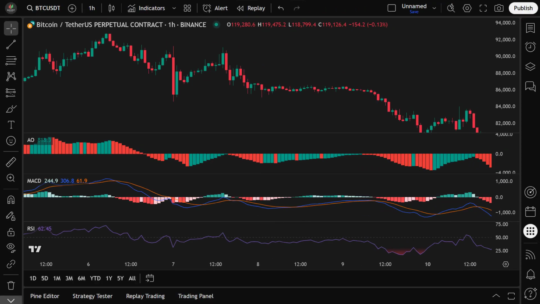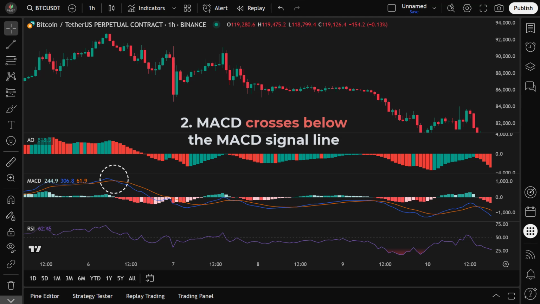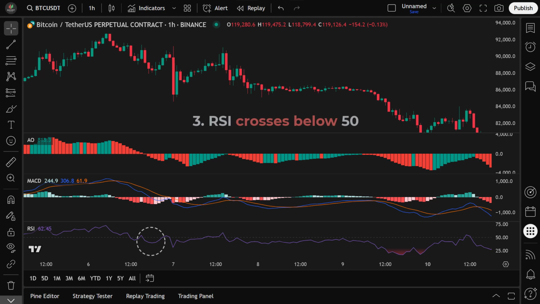To enter a short position, we wait for the following conditions. 1. Awesome Oscillator crosses below zero, indicating bearish momentum. 2. MACD crosses below the signal line, confirming downward trend. 3. RSI crosses below 50, confirms bearish momentum and helps filter out weak signals in choppy markets.